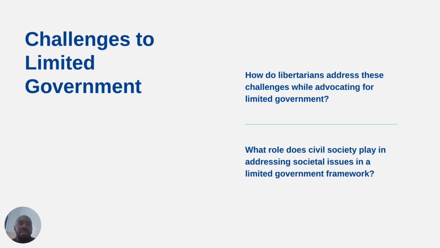This is particularly relevant in regions where democratic norms are fragile, and leaders may exploit the principle of limited government to consolidate power and suppress dissent. And in Africa, where democratic transitions are often marred by corruption and human rights abuses, the challenge of ensuring accountable governance while preserving individual liberties is paramount.